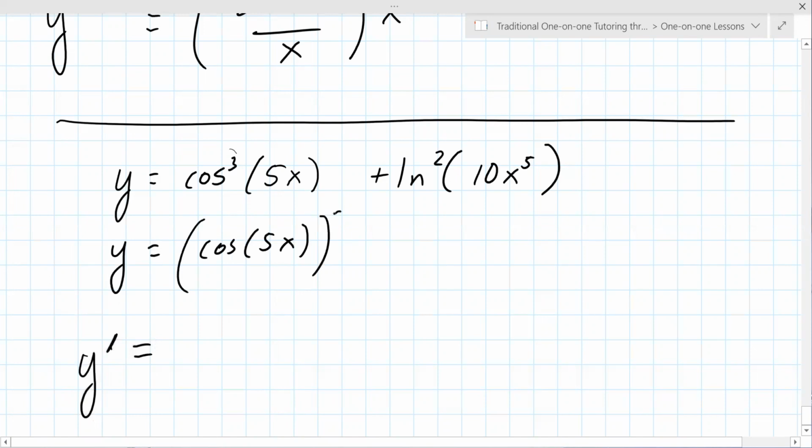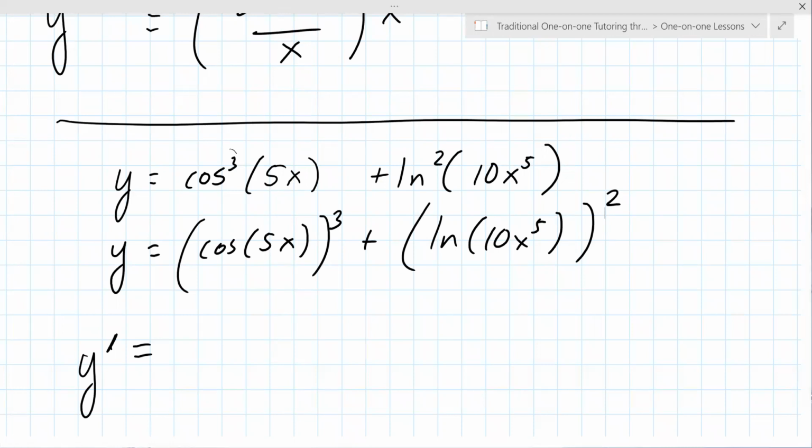It's cosine 5x cubed plus natural log 10x to the 5th all squared. Why don't they write the 3 after the 5x? Because that's different. If you put the 3 here, it means you cube the inside part first, then you take the cosine of it.